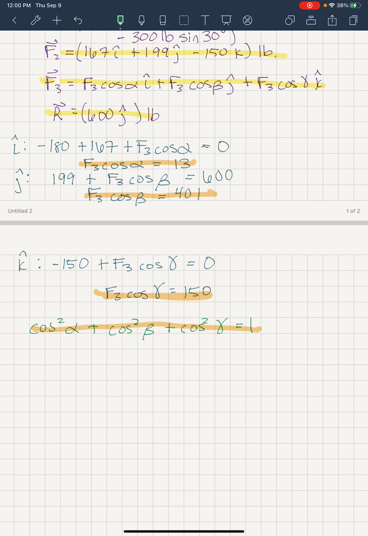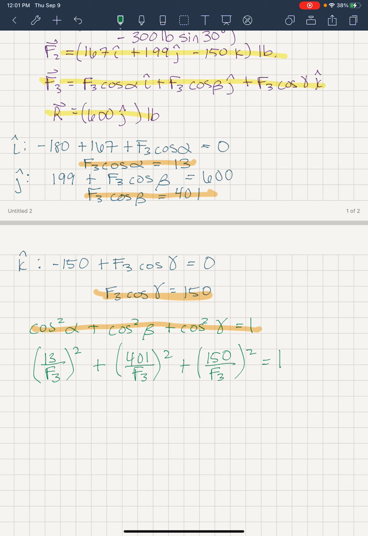So let's pull these. If we rearrange, cosine of alpha equals 13 over F3. So 13 over F3, squared, plus cosine of beta is going to be 401 over F3, squared, and then cosine of gamma is going to equal 150 over F3, squared, and that equals 1. Now we can multiply that out.